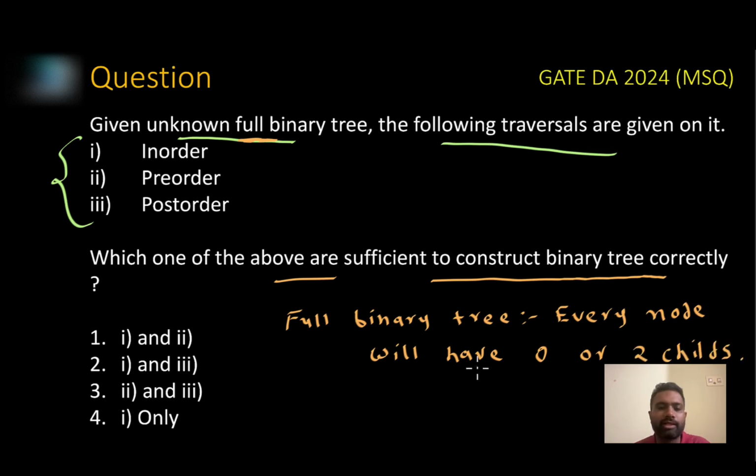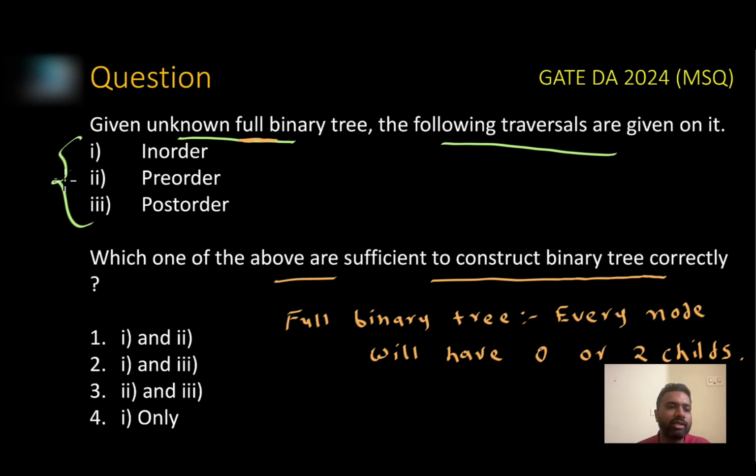It cannot happen that there is some node which has only one child, and if there are children, there should be two children, a left child and a right child. So like this the binary tree is constructed, then only we can say that it is a full binary tree.